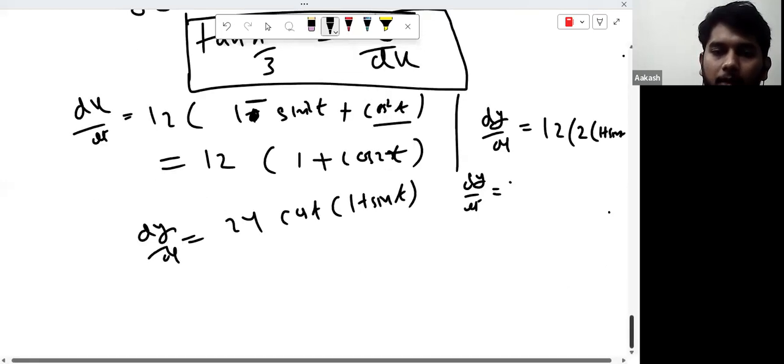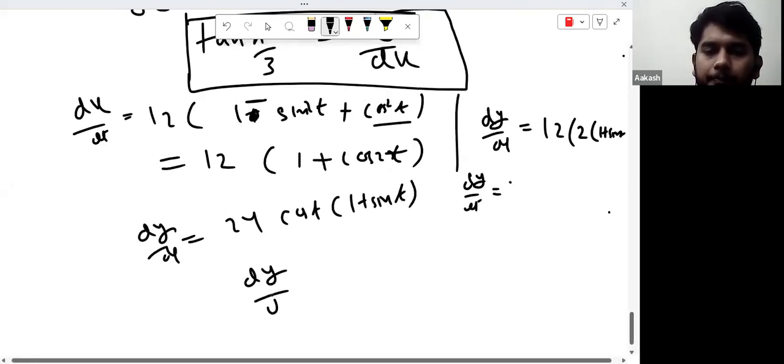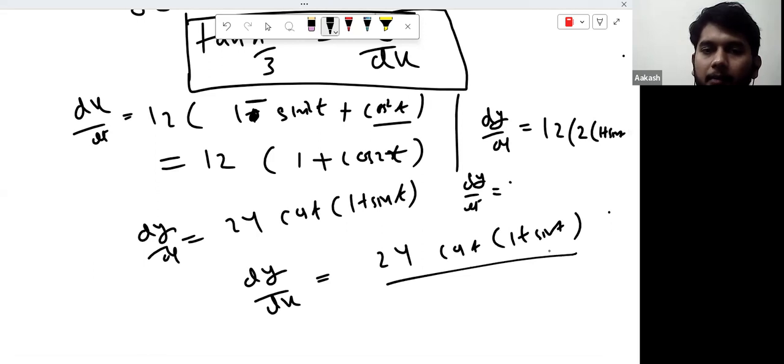We have got this. Now dy by dx is 24 cos t (1 plus sin t) divided by 12 (1 plus cos 2t).